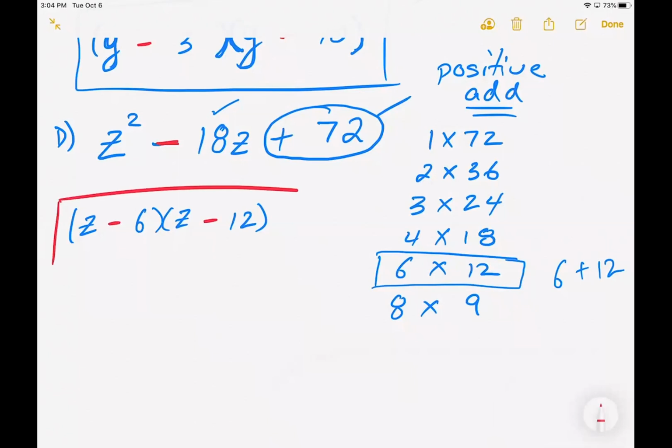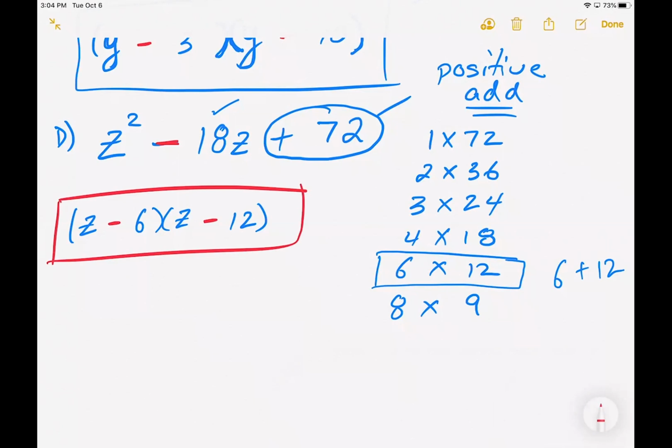And ladies and gentlemen, this is our answer. All of the other work is just the thought and the process, right? You're thinking out loud. We find multiples that add together to give us the middle term.